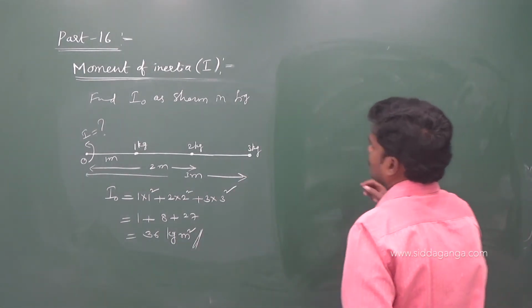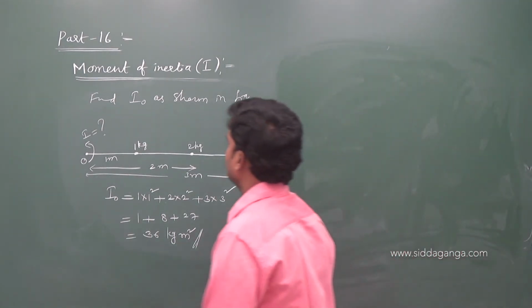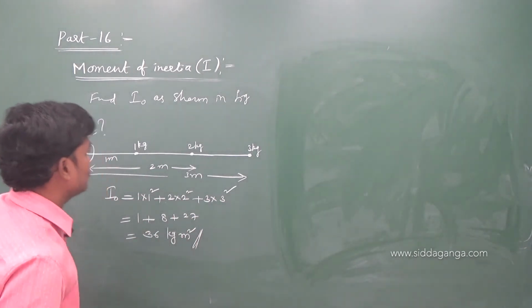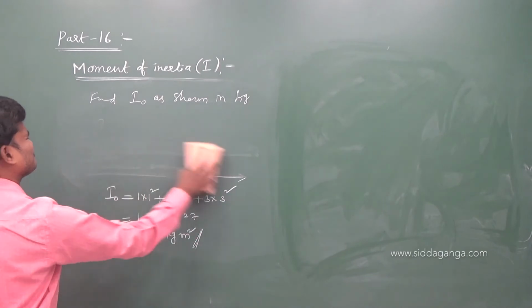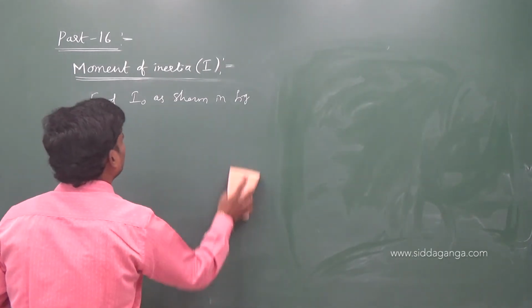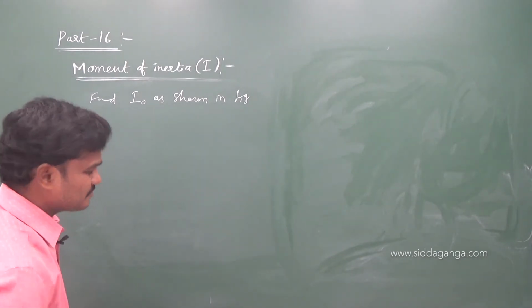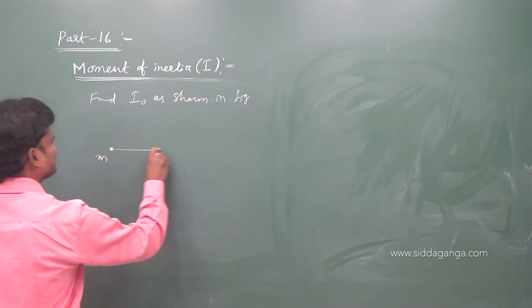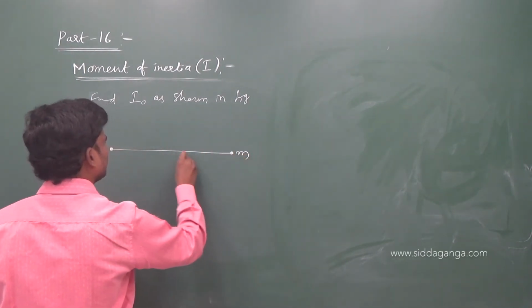See, find I about O as shown in figure. Find I O, let me write here only because of that problem. This is M particle, this is M particle.